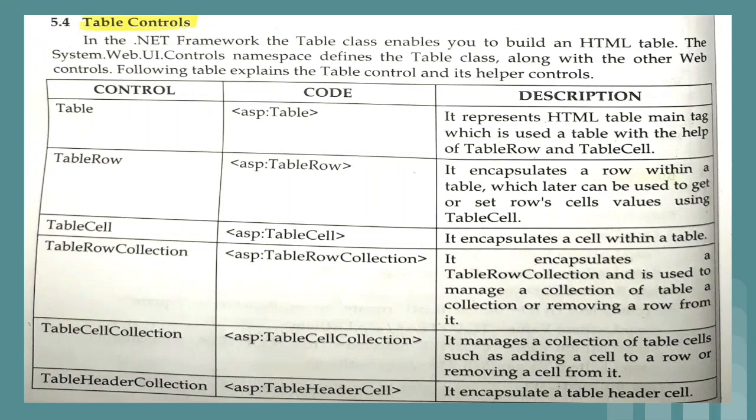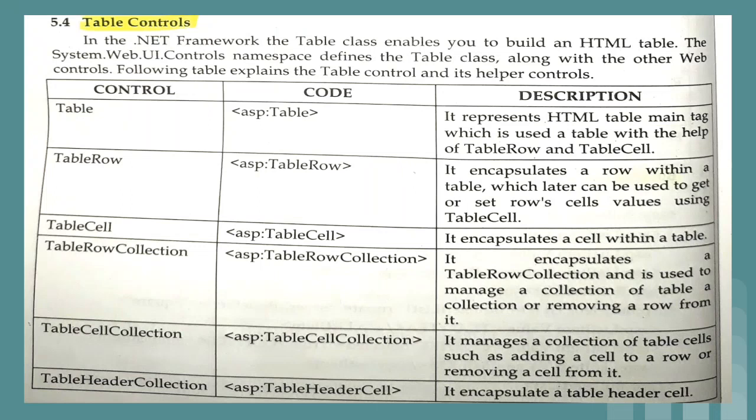Now we are going to start with the next control, that is the table control. Like in HTML we have a table, which is nothing but a combination of rows and columns. So if we want to create the same table in ASP.NET, then we have the table control. So the asp:table tag we are going to use to create the table control.